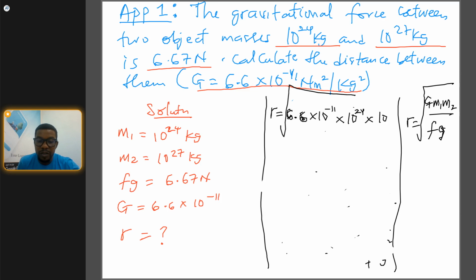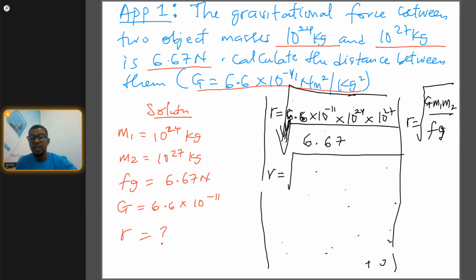M2 is 10 raised to power 27. Okay, everything is over Fg. The value of Fg was given to be 6.67.